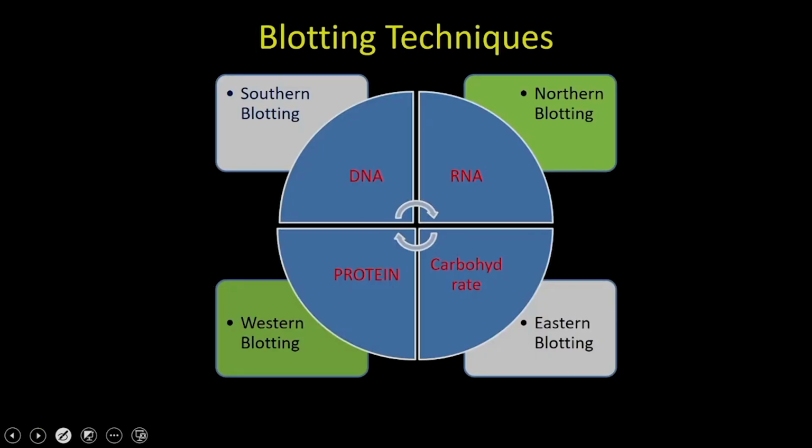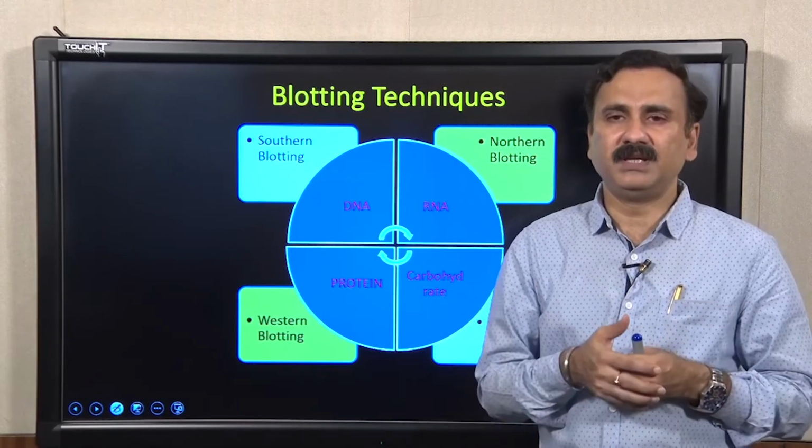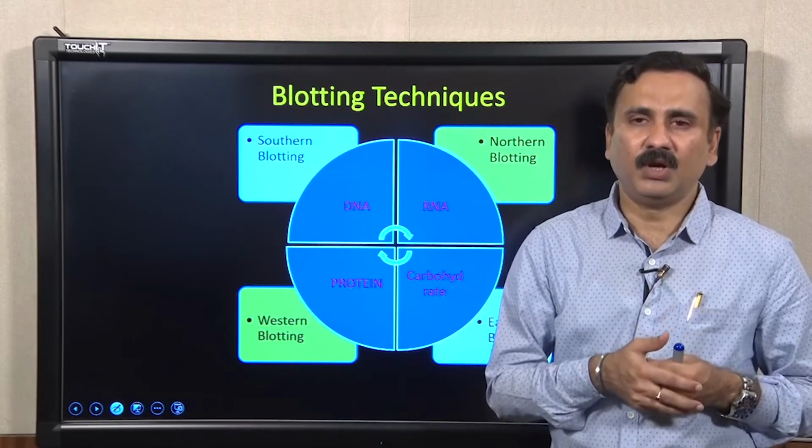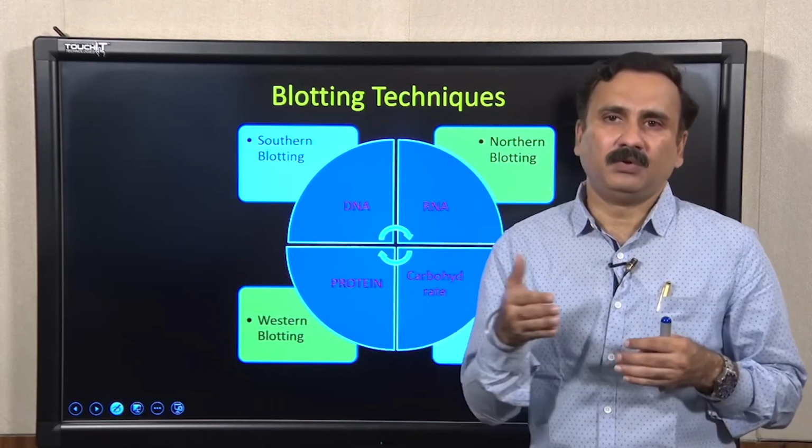So, this is all about the Northern blotting, and in this blotting technique you are using RNA as a target molecule, where you are first separating the RNA onto agarose gels.